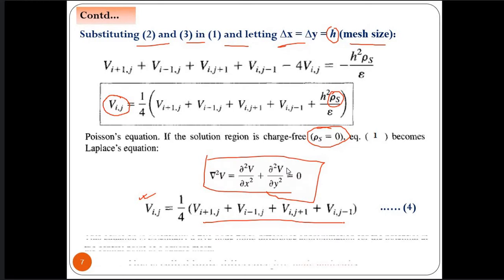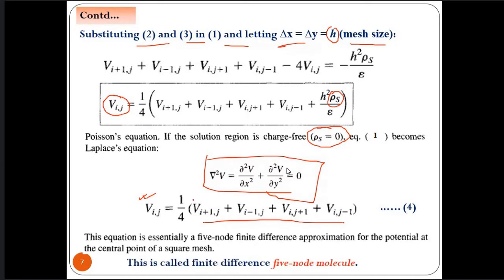That means from this equation, it is clear that the potential of a particular free node only depends on the potential of the neighboring nodes which are directly connected to the corresponding node. That's why it is called the 5-node finite difference approximation process to find out the potential at a particular point.